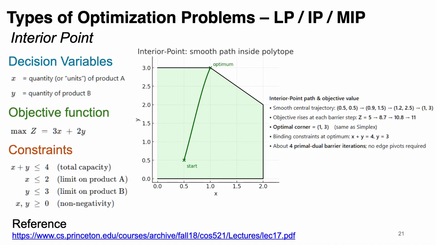Think of simplex like a hiker following a trail around the base of a mountain to find the peak, while the interior point method is like a helicopter flying directly over the center to land on the summit. Both will eventually find the same optimal point, but the way they travel through the data is fundamentally different.